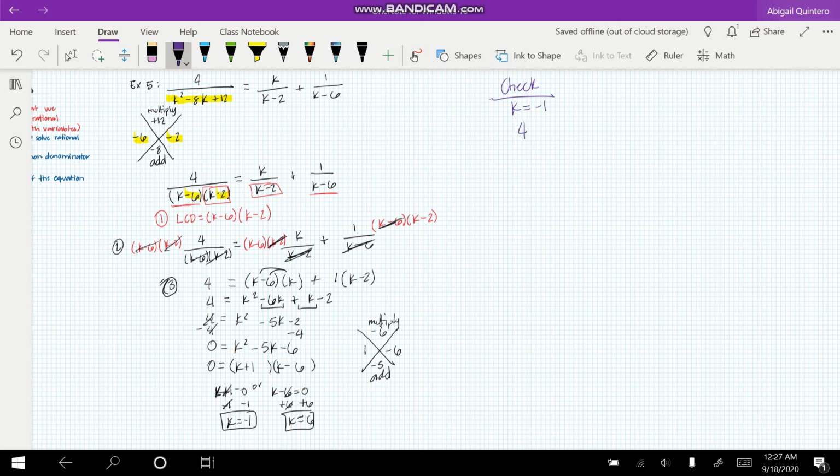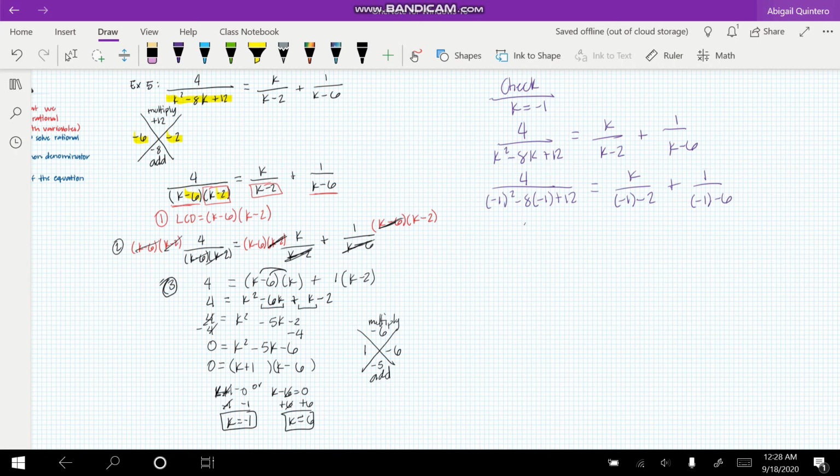I have 4 over k squared minus 8k plus 12 equals k over k minus 2 plus 1 over k minus 6. So if I plug in negative 1, I will have negative 1 squared minus 8 times negative 1 plus 12 equals k over negative 1 minus 2 plus 1 over negative 1 minus 6.